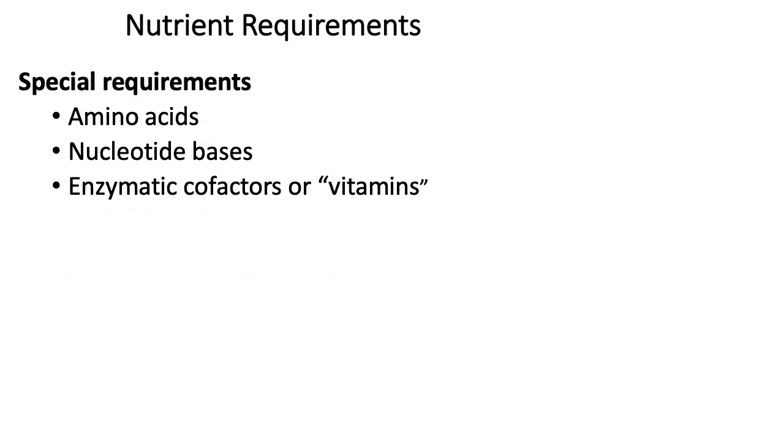Special requirement. There are some group of microorganisms that will also require special growth nutrients in the form of either amino acids, nucleotide base, or even enzymatic cofactors or vitamins.